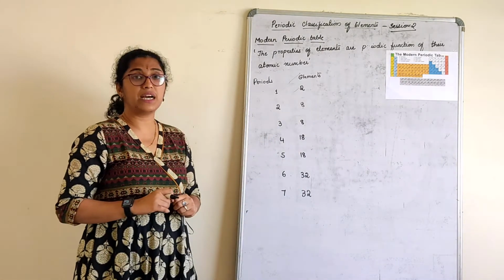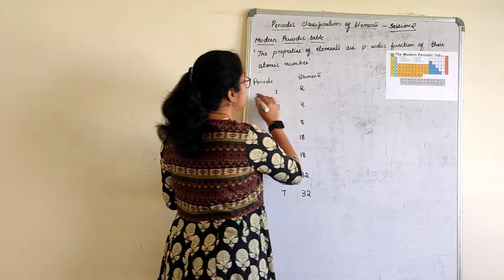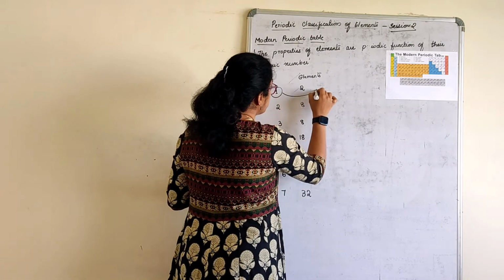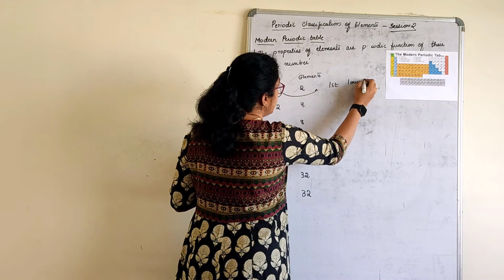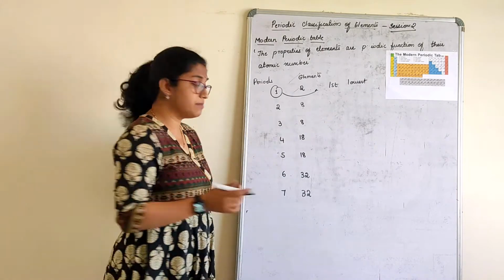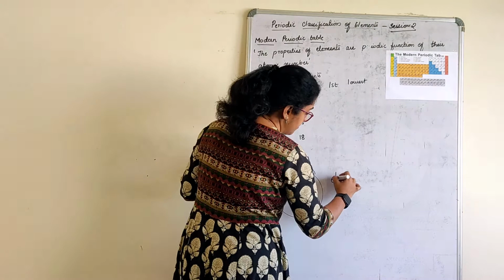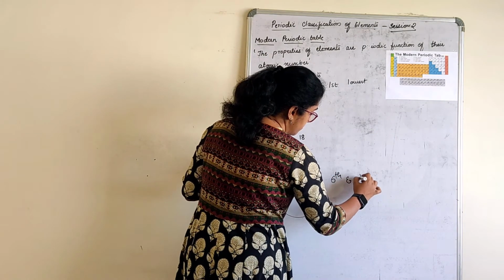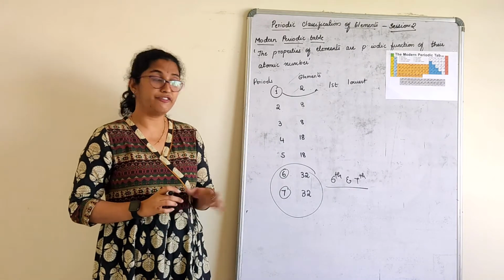The question can be asked, which period has the lowest number of elements? The first period has the least number of elements. Which period has the maximum number of elements? The 6th and 7th periods.